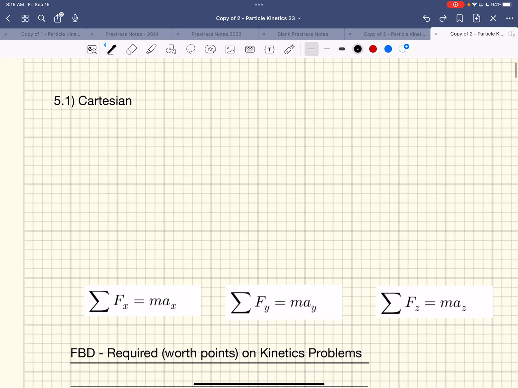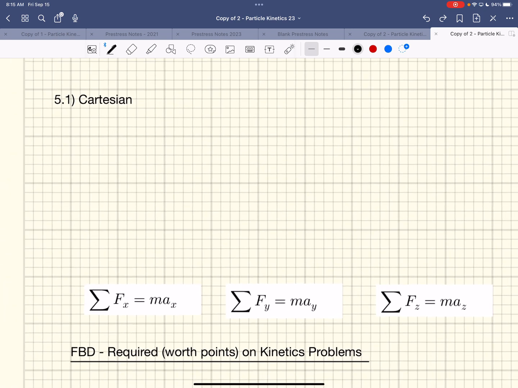Okay. Cartesian coordinate systems. We're going to start out with that one. This one's easy. The sum of the external forces is equal to mass times acceleration. And then we just treat these things as vectors.